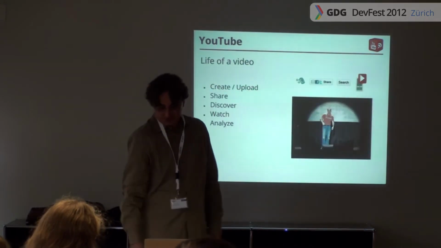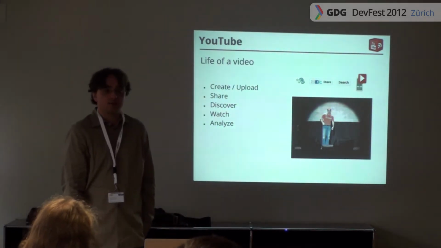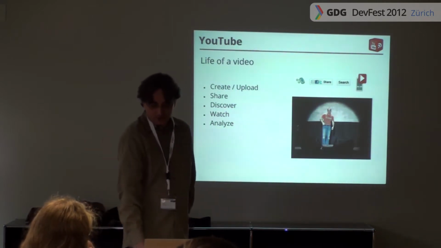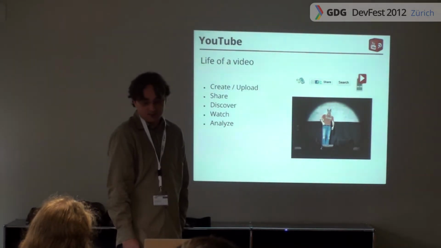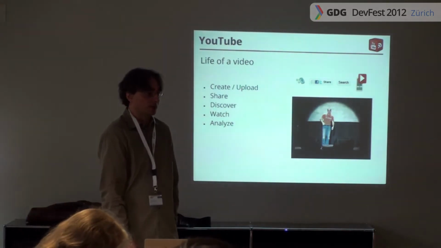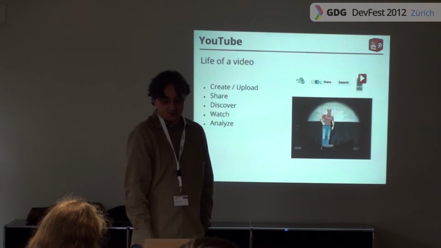Okay, so let me get into the life of the video, the main stages. The video goes on our platform. First you need to create and upload it. Then you need to share it to make people aware that it's there. You need to make sure that it's discoverable.